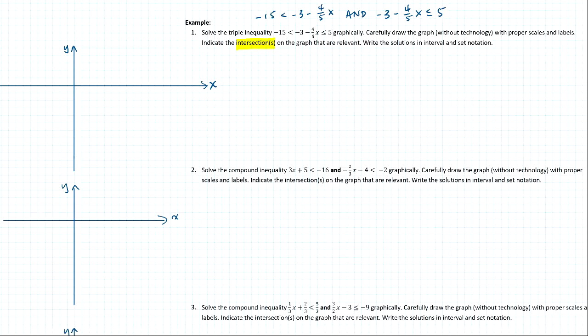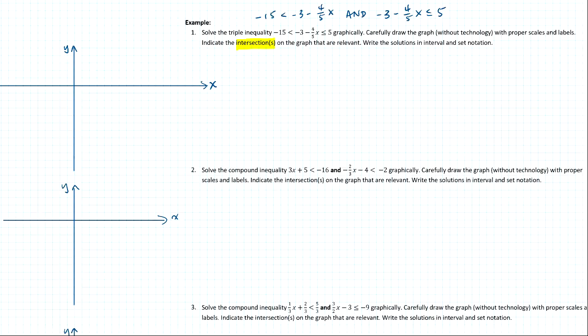And this technically extends to any type of graph or any type of function. So wherever the graphs of multiple equations intersect with each other, that's where we can go ahead and find the solutions for our inequalities or equations.